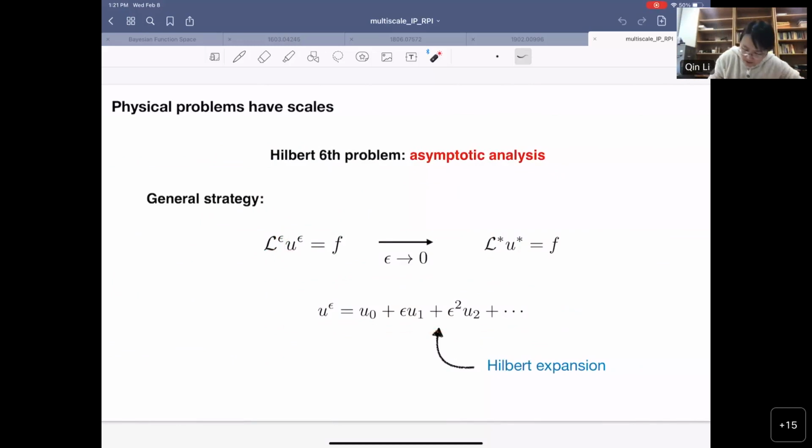So you put this asymptotic expansion back into this equation and conduct layer-by-layer agreement, you will find at the leading order, this equation becomes the next equation, this L star equation, and this L star equation completely eliminates the small parameter. So that's how we derive Newton's second law from Schrodinger and how we derive the Euler equation from Boltzmann.